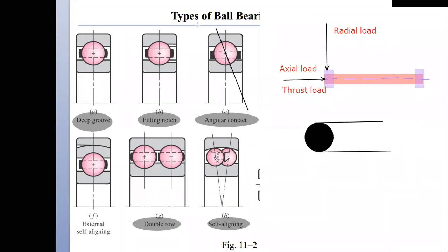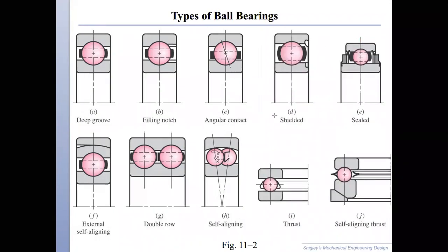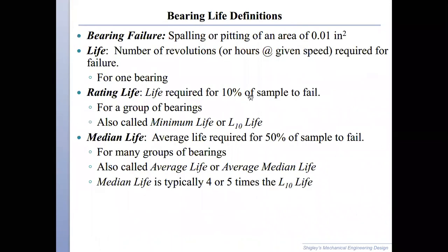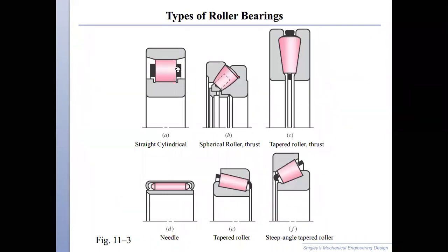Now, we also talked about roller bearings. Roller bearings are bearings which have rollers instead of balls. For example, if we look at this picture, you can see the balls in there are replaced by these rollers now. And again, there are different types of rollers in here. This is a straight cylindrical bearing.